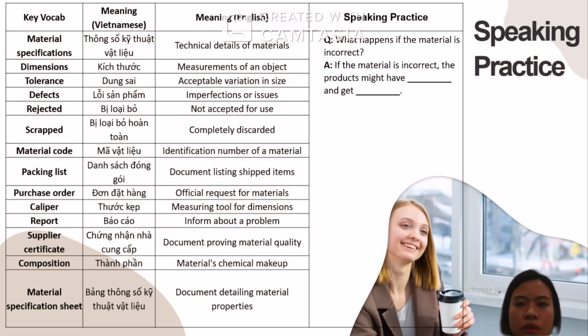What happens if the material is incorrect? If the material is incorrect, the products might have defects and get rejected.